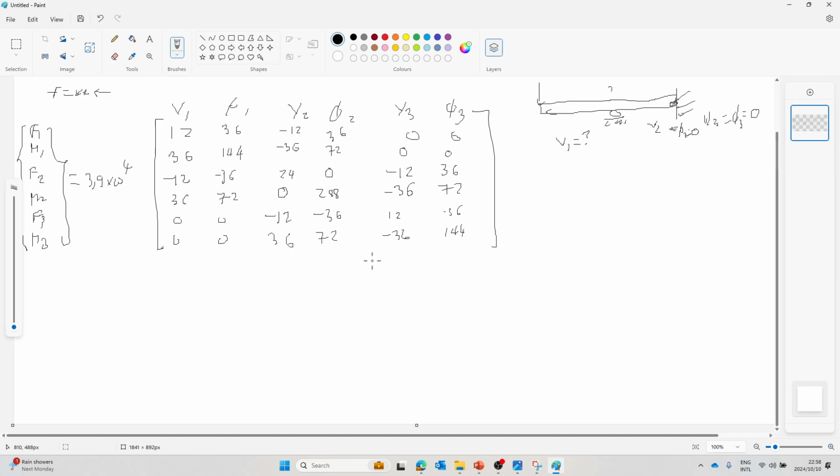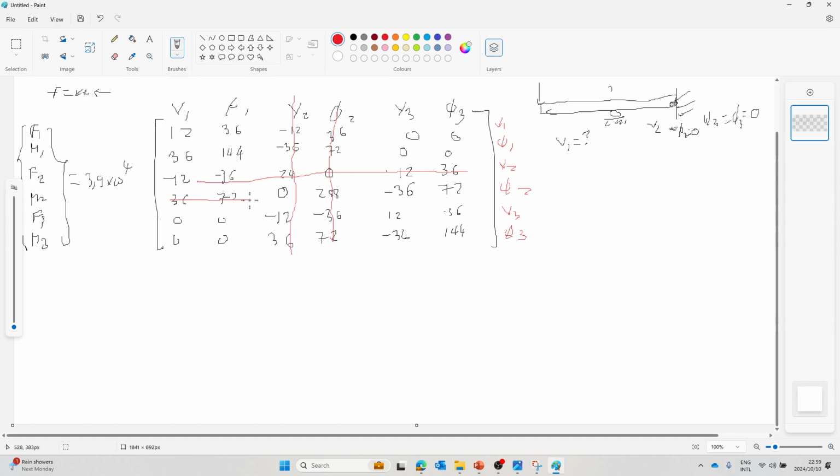Remember, there's a way that I was showing you to see what is left: V1, phi 1, V2, phi 2, V3, phi 3. If they are 0, you can come on the line of V2 and draw a line. They said phi 2 is also 0, so you come on the line of phi 2 and draw a line.